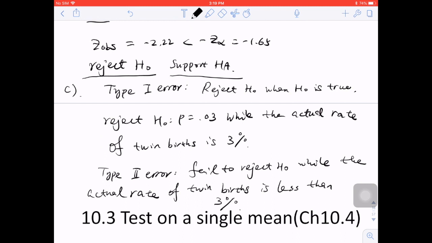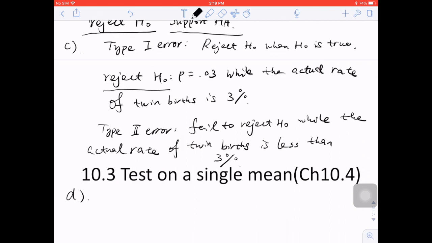Because type 1 error is when H0 is true, but you reject H0. Okay, so question D, type 1 error. It cannot be type 2 error because type 2 error is to fail to reject the null hypothesis, right? But here we reject our null hypothesis, so it should be type 1 error.